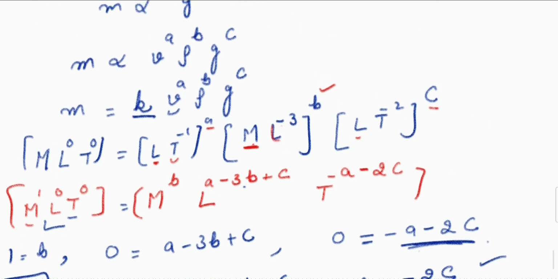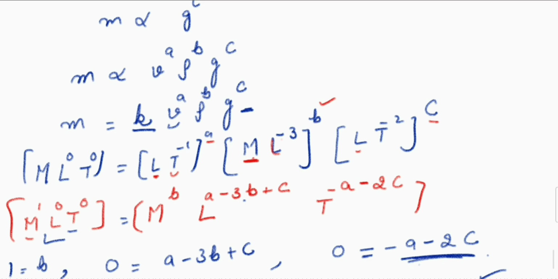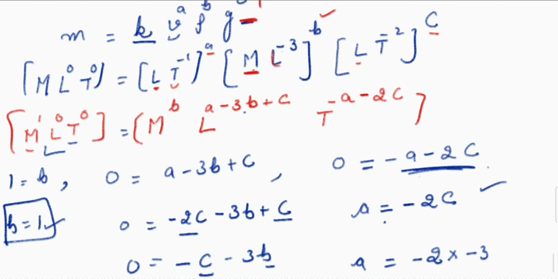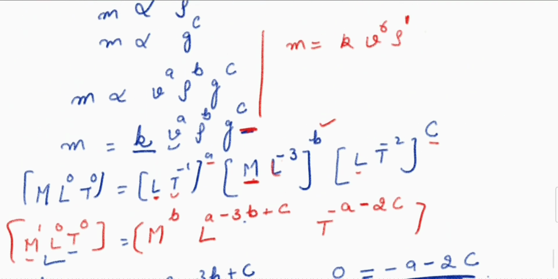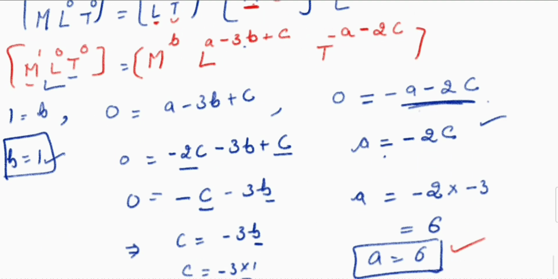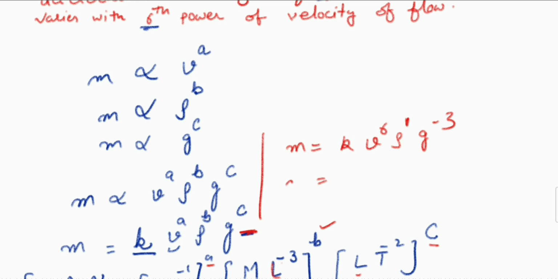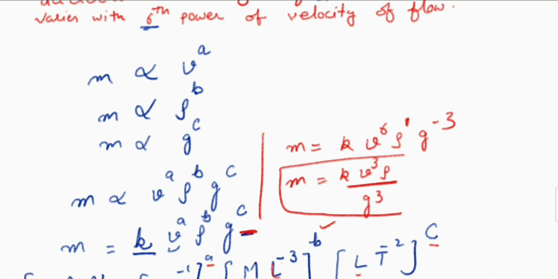Now I'll put all these values in the equation. So m is equal to k, v raised to power a, which is 6, rho raised to power b, which is 1, and g raised to power c, which is minus 3. So we can write this equation as m is equal to k v^6 rho divided by g^3.